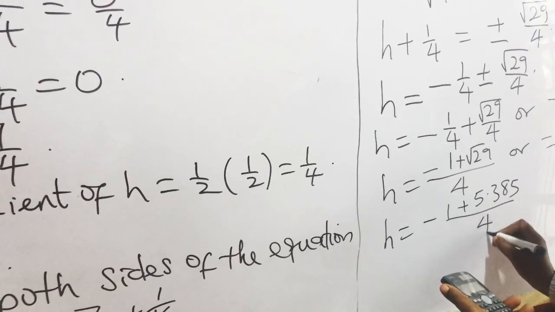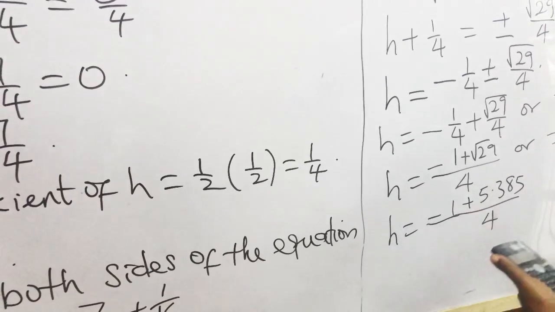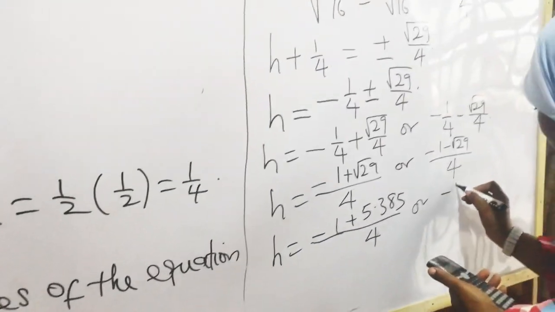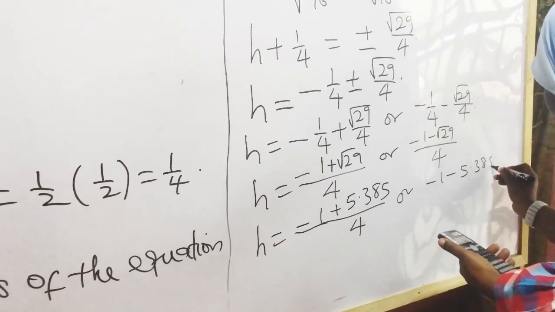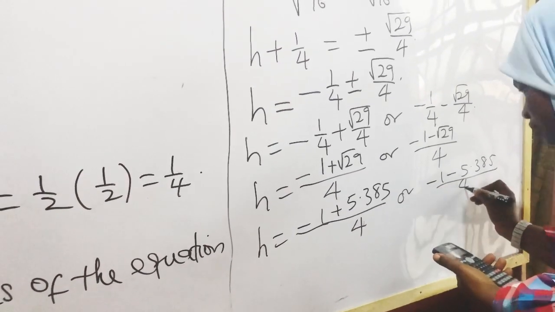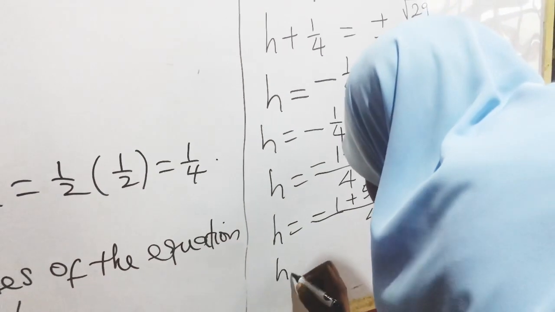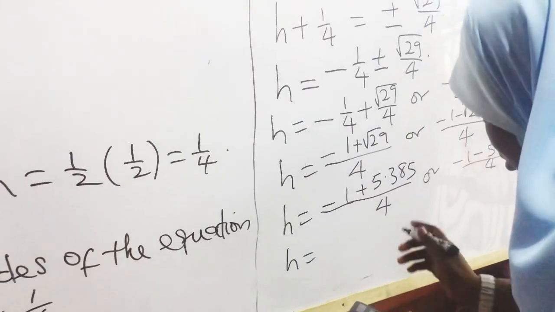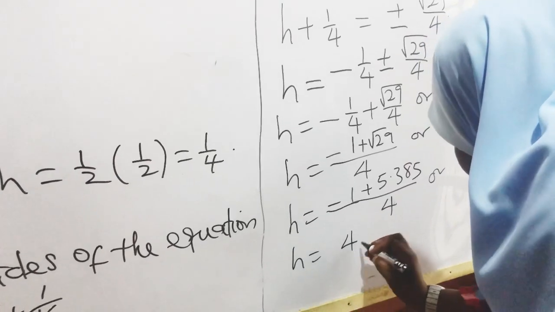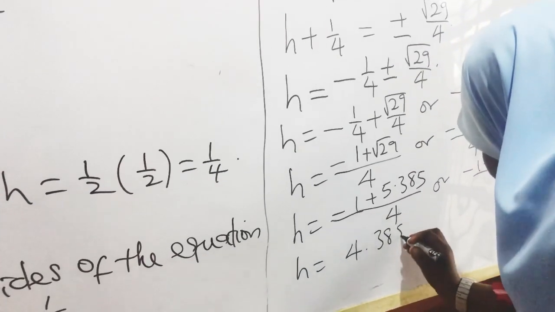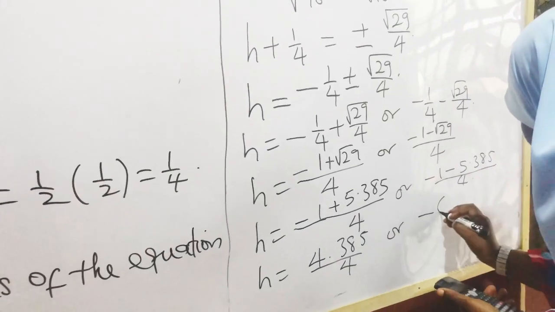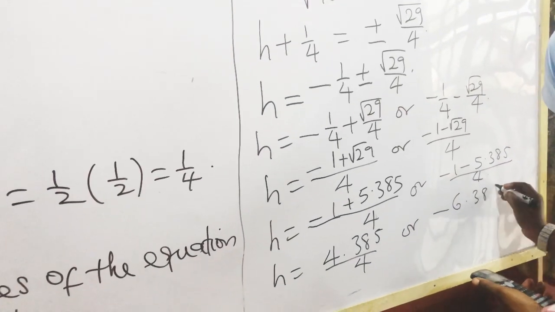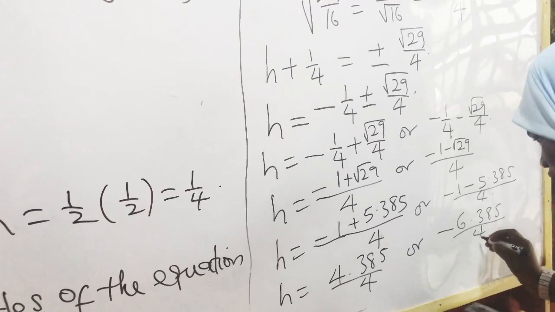Everything over 4. Or minus 1 minus 5.385 over 4. So h will now be equal to 4.385 over 4, or minus 6.385 over 4.